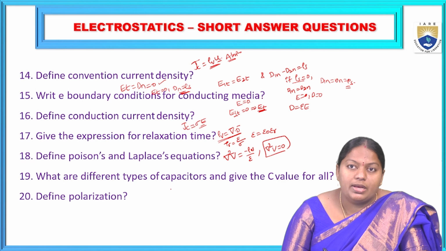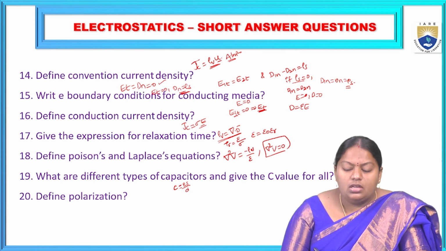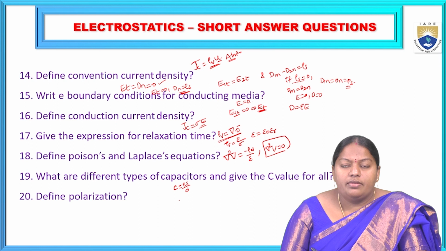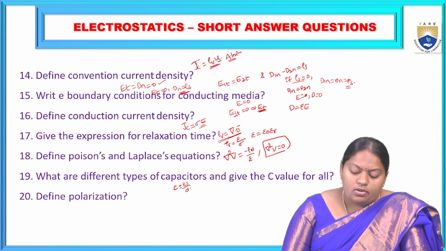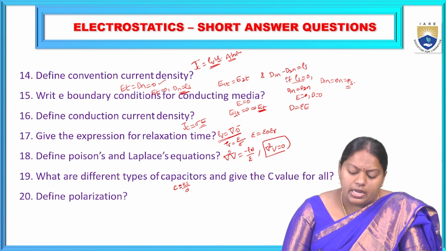For a parallel plate capacitor, C is defined as epsilon S by d. The three types of capacitors we have learnt are the parallel plate capacitor, the cylindrical capacitor, and the spherical type capacitor. So we need to write all the equations here.